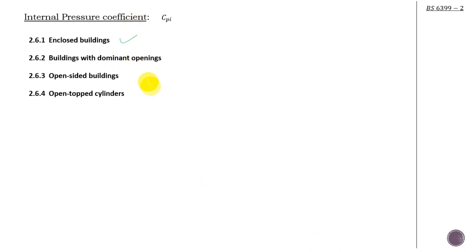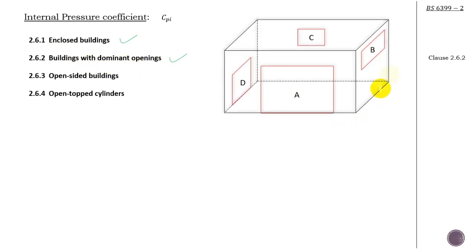Now, how is an enclosed building different from a building with a dominant opening? This is a building with a dominant opening.